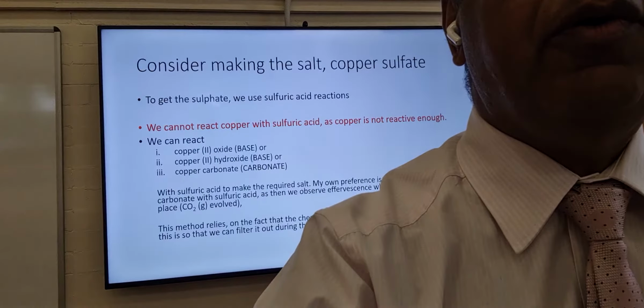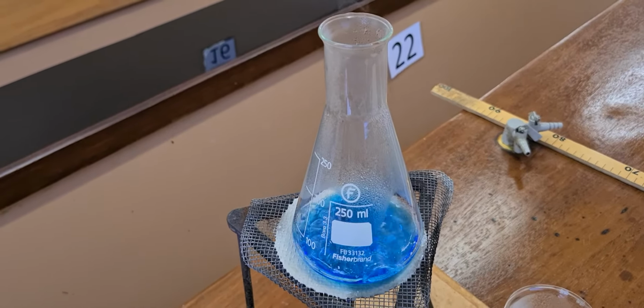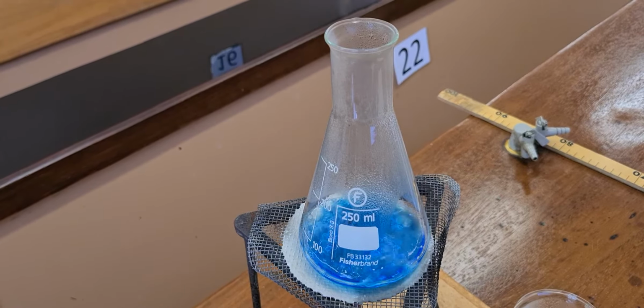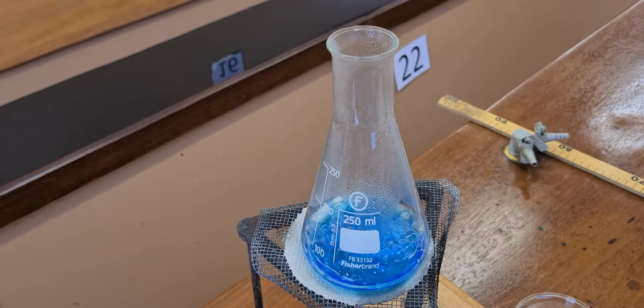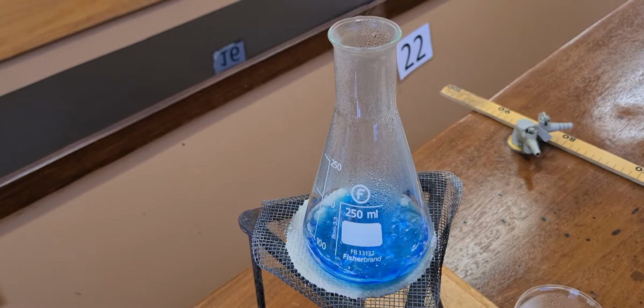Now, I just want to show you this. There, look. Can you see that boiling away? The volume will get less and less. And the blue coloration will get darker.